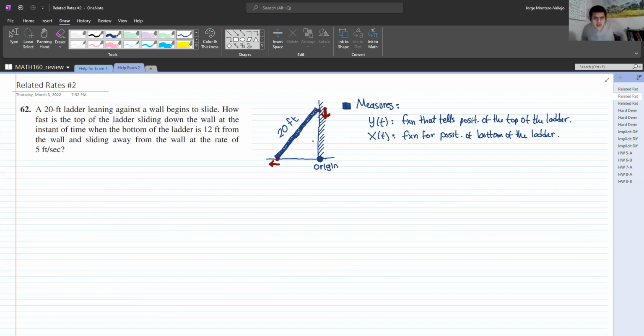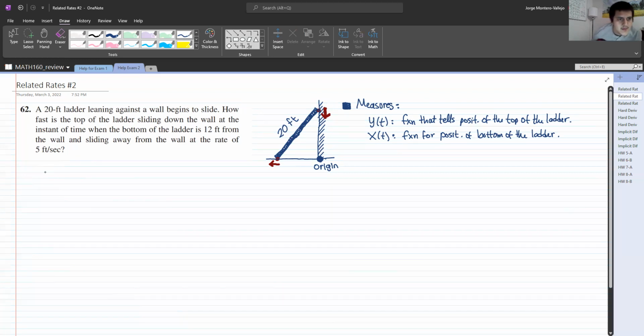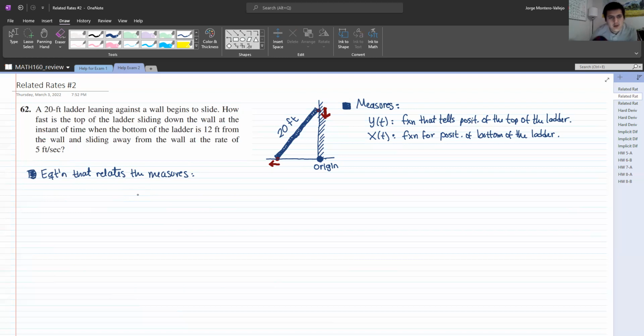Okay, all right. So as I said before, we can then go ahead and write down the equation that relates the measures. It's going to come from the Pythagorean theorem because we are looking at a right triangle.